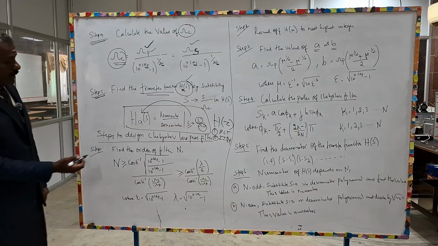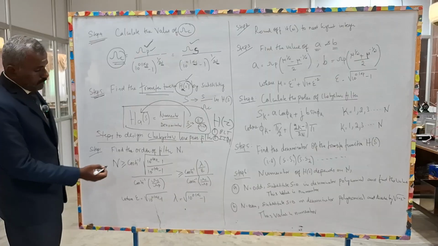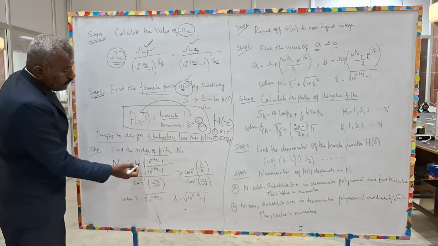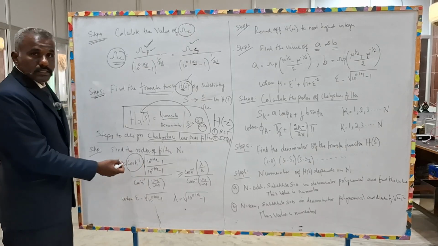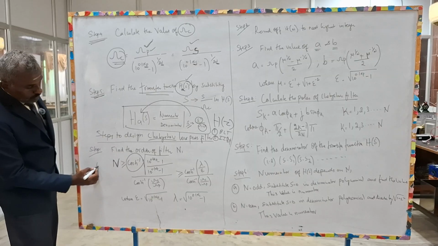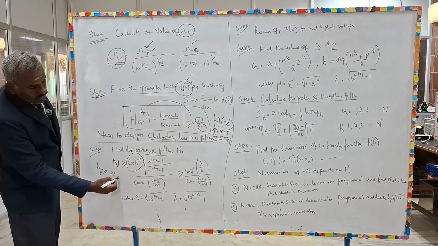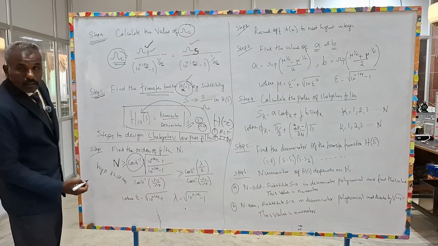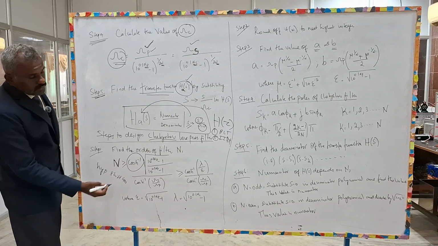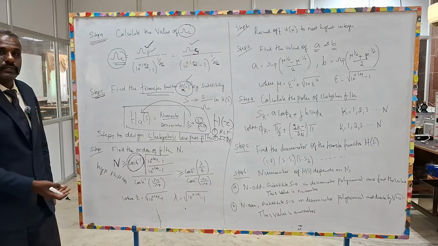For finding the order of the filter N, use hyper cos: in the calculator you press hyp, then shift, then cos, which gives the cosh inverse function.